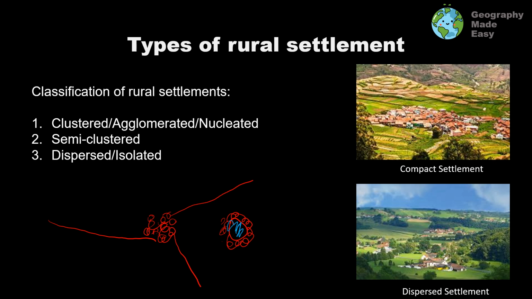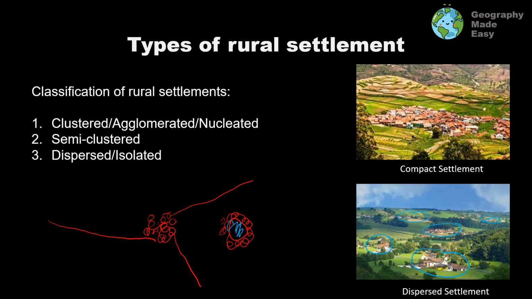The next type which is seen is semi-clustered, where partially there is compaction or agglomeration, and partially we see that there is dispersion. Dispersion is where we see that the hamlets are very isolated. So the people are living in these homesteads, and they are located far from one another.